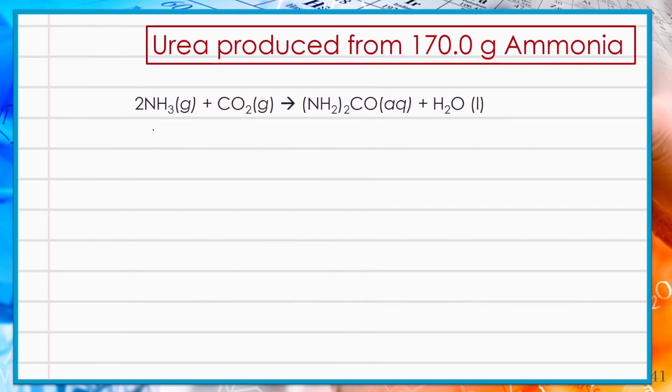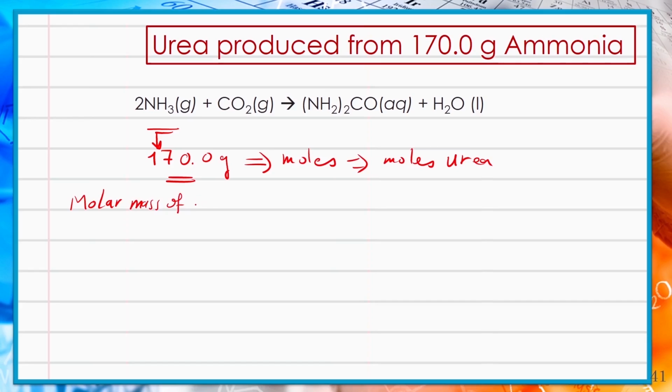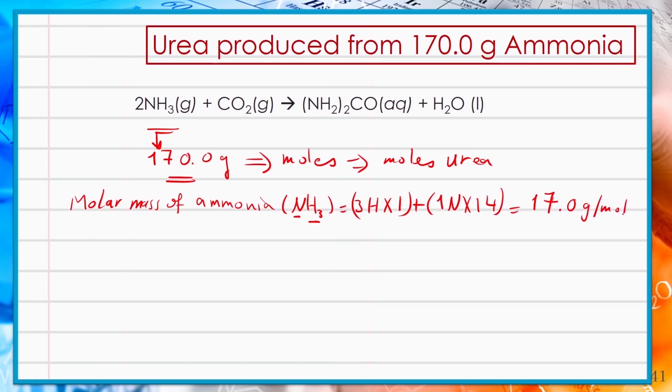First, we calculate the possible product formed from 170 grams of ammonia. We convert grams of ammonia into moles of ammonia, then we calculate the moles of urea. The molar mass of ammonia is equal to 3 hydrogens times 1 plus 1 nitrogen times 14, equal to 17 grams per mole.